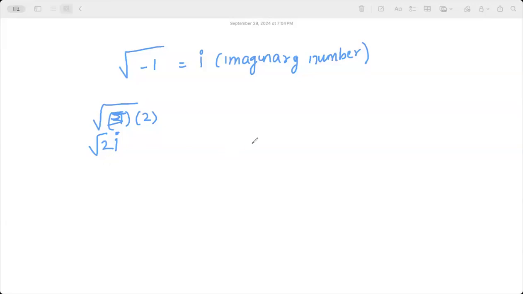Okay. So let's see this one. What is i squared? Any thoughts? What is i squared? i squared is basically i times i. If i is square root of -1, what is i squared? Any thoughts? 1.